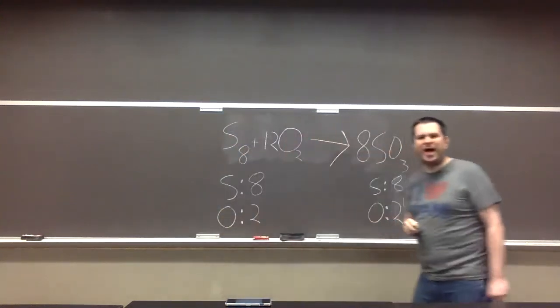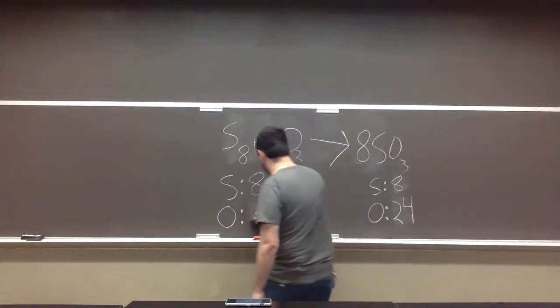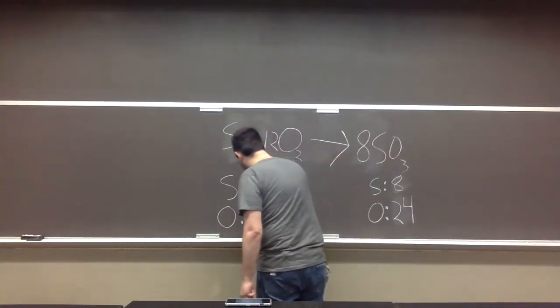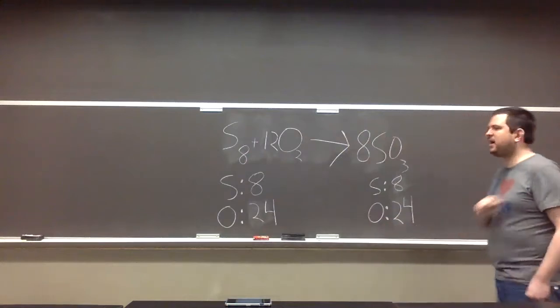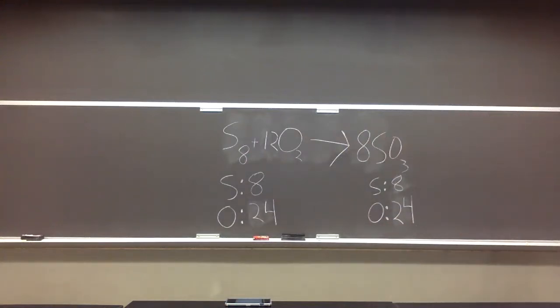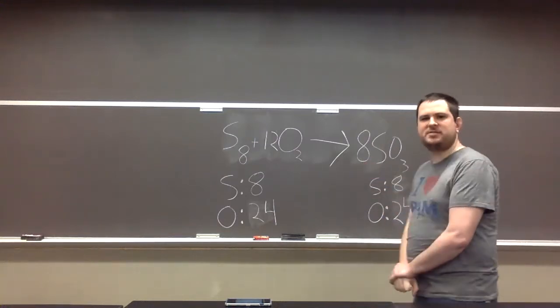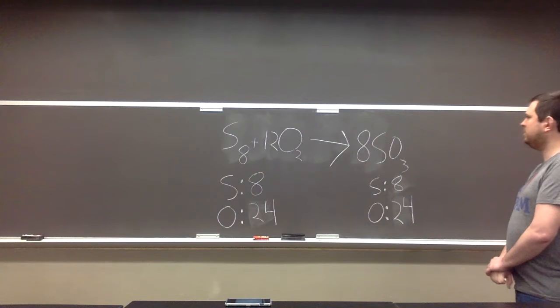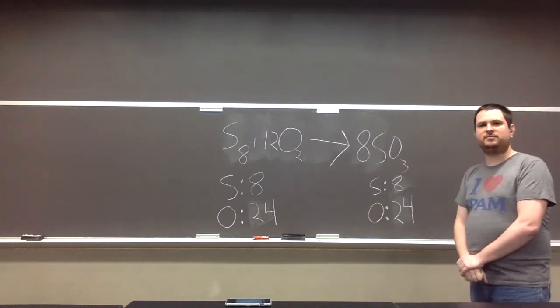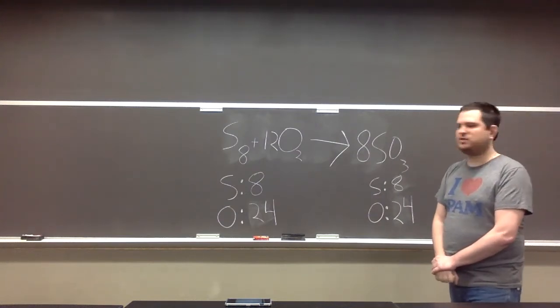If you put a 12 next to that oxygen, 12 times 2 gives us 24 atoms on this side. We have our sulfurs balanced. We have our oxygens balanced. We have balanced this first equation. Let's move on to the second equation.